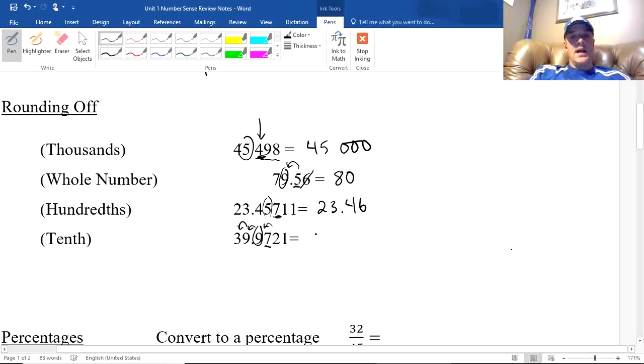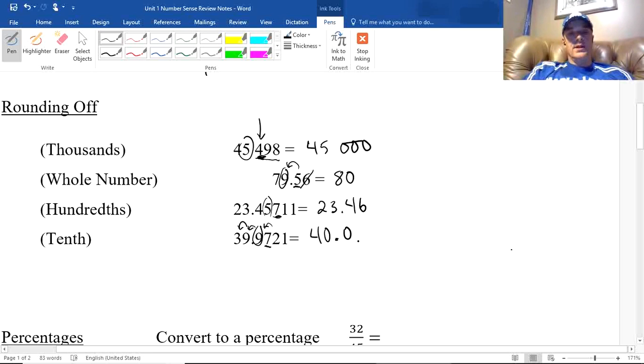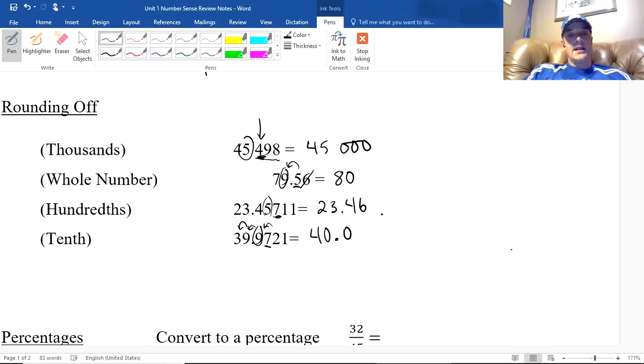So we end up with 40, in this case, 0.0. And this time we do put this place value in for the tenth because we are rounding to the tenth, even though it is a 0, and that's okay. And basically, that's the closest tenth place value that we get to from 39.9721.